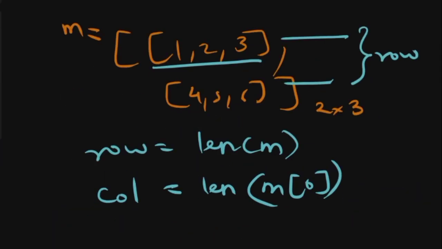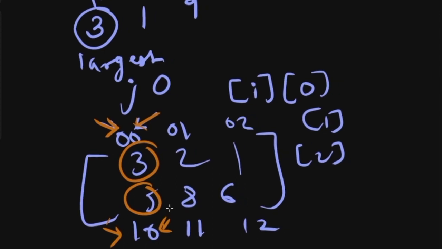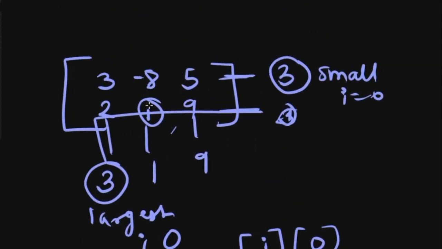So if we come here and check the position of that value, this is 0 0, 0 1, 0 2, and this is 1 0, 1 1 and 1 2. So basically now I am getting this saddle point value. Similarly, if there exists any other such number, it will point it out too. So like this we can find the saddle point in an m cross n matrix.